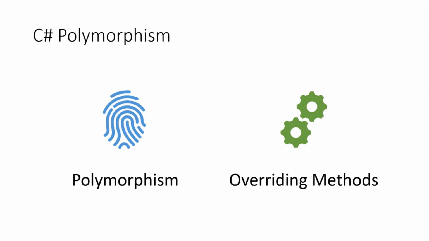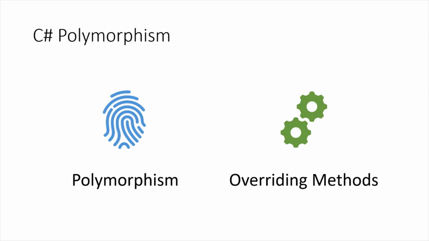Polymorphism uses those methods to perform different tasks. This allows us to perform a single action in different ways. So we inherited functions from the base class, and now we need to do something with that method.